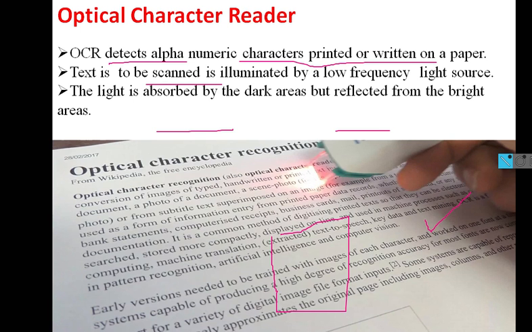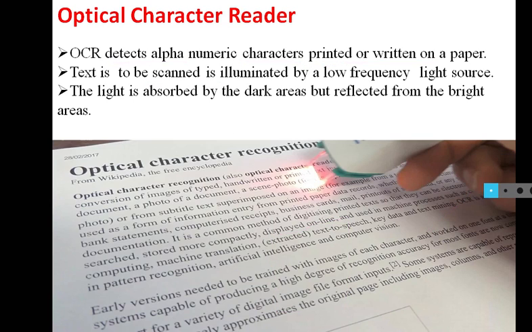Another one is the optical character reader. Here we can call it OCR. It detects alphanumeric characters printed or written on paper. See, if you want to read this data as a soft copy, you can go for an optical character reader. You just scan it from here to here. This data is going to be stored on your computer.